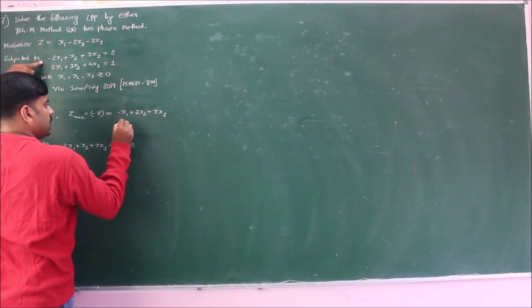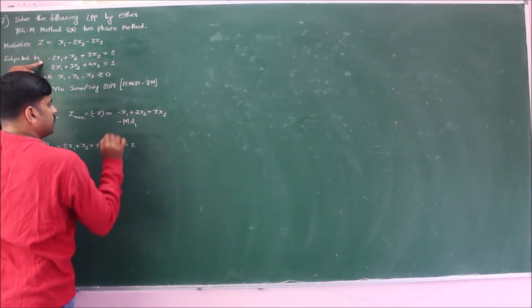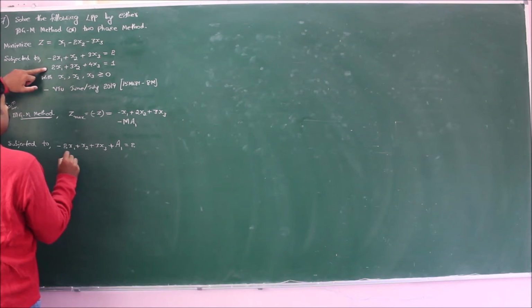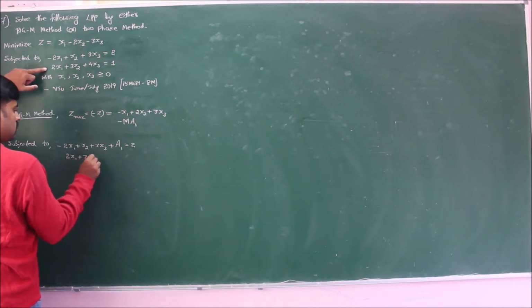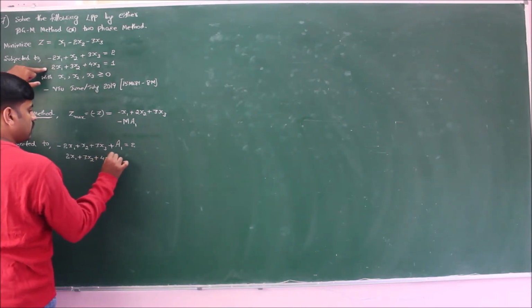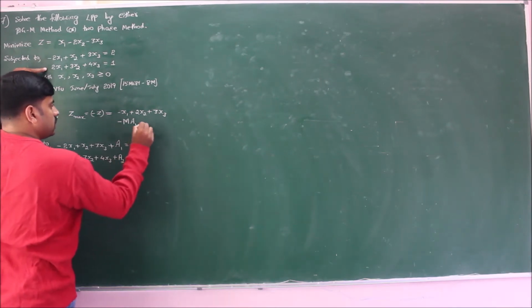We know that in big M method the coefficient of the artificial variable is minus M, the penalty, times the artificial variable a1. Coming for the second constraint, we have 2x1 plus 3x2 plus 4x3. Since we have an equal to sign, I should add the artificial variable a2 equals 1.